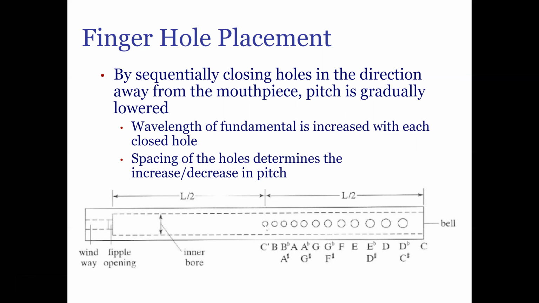You'll notice that they appear to get closer together as you move further from the end. The spacing is a little bit smaller and smaller. They also change the size of the finger holes because the lower note really needs a bigger opening to fix that antinode stronger and actually give you the resonance that you need. So the higher frequency notes don't require as big of a finger hole as the lower frequency notes.